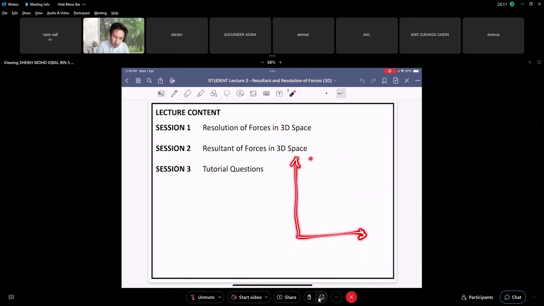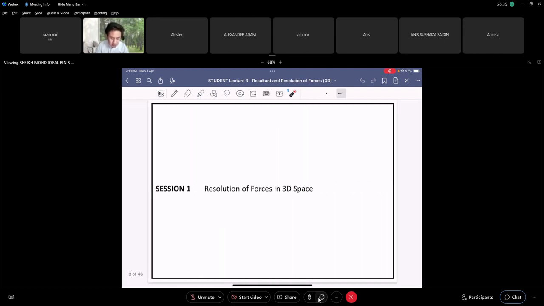You draw a square and find the resultant force using Pythagoras theorem. Usually we resolve first, and after we have resolved the forces, we calculate the resultant force. It's the same in 3 dimension as it was in 2 dimension. The first session will be how to resolve in 3 dimensional space.